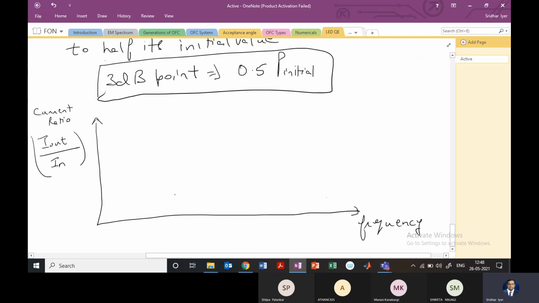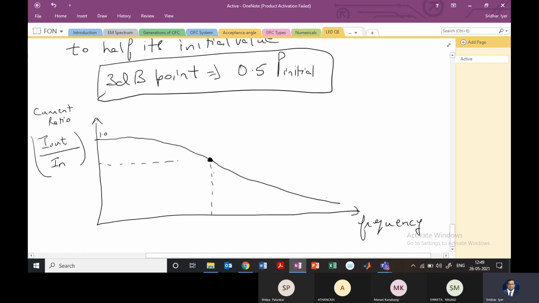Let me first draw the electrical point. If this value is 1, with the frequency it is going to be decreasing. You would have seen a diagram like this when doing electronic systems.